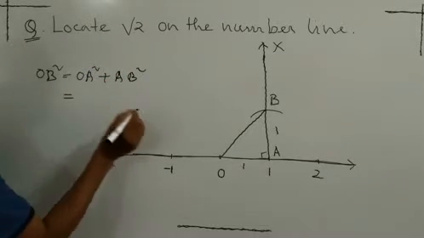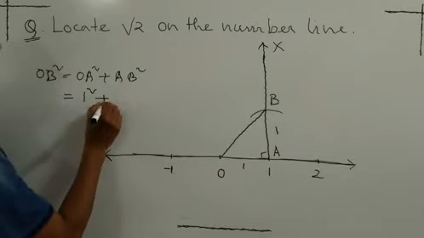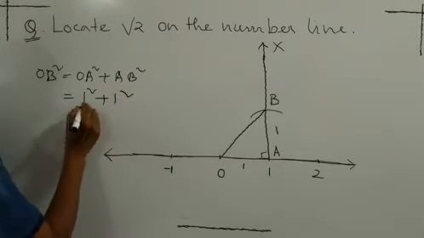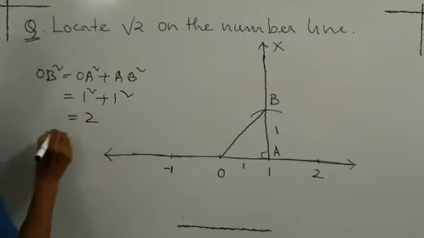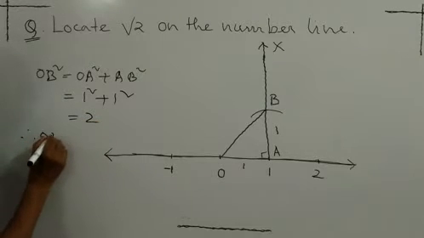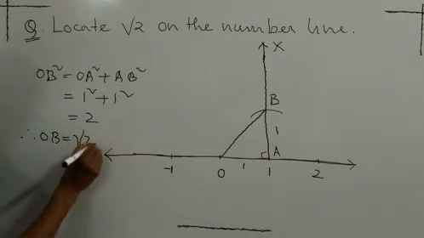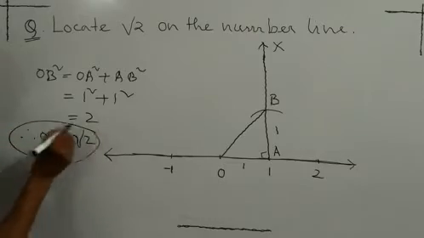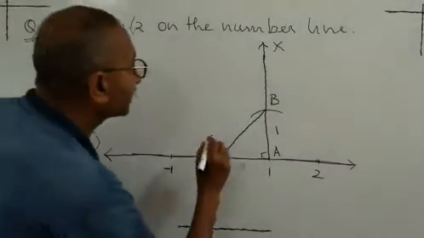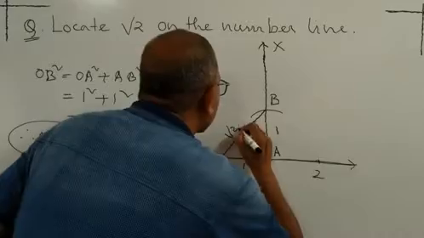OA square is 1 square, AB square is 1 square. So 1 square plus 1 square is 2. Therefore OB is equal to root over 2. This is very important for us. That means this length is nothing but root over 2.